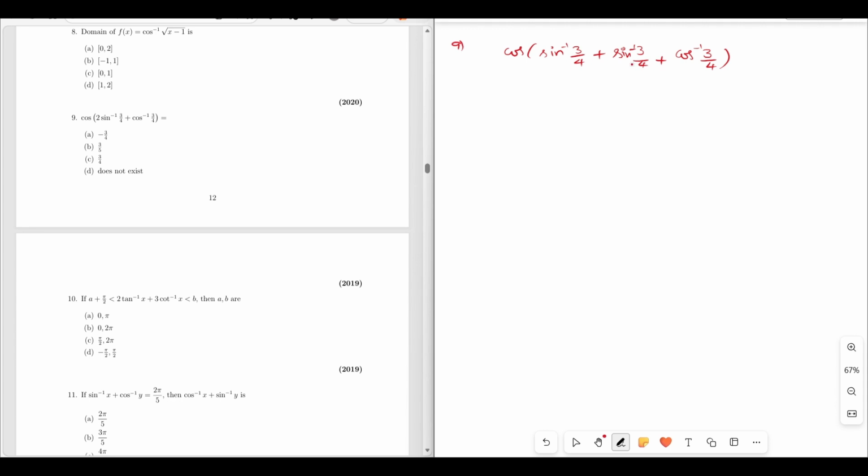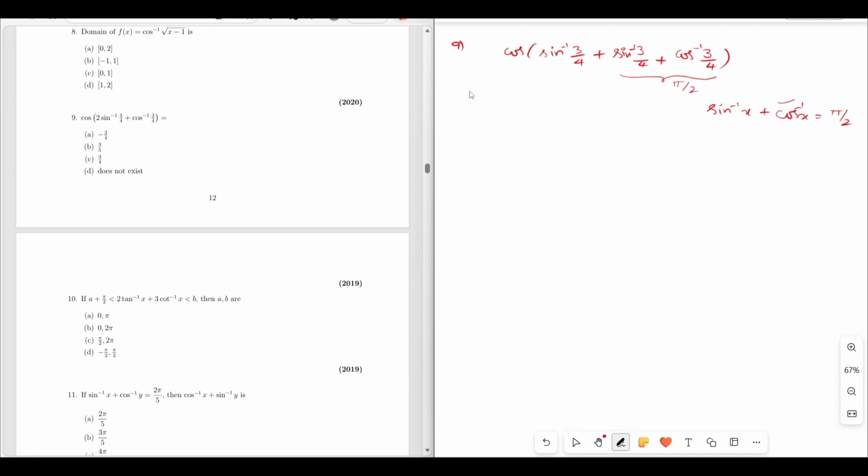When you look at this, you have sin inverse x plus cos inverse x. So we know that sin inverse x plus cos inverse x is equal to pi by 2. This is satisfied when the value of x is less than or equal to 1 or greater than or equal to minus 1. So since 3 by 4 is less than 1, we can apply this formula. So sin inverse x plus cos inverse x is pi by 2. So in this place, I can replace it by pi by 2.